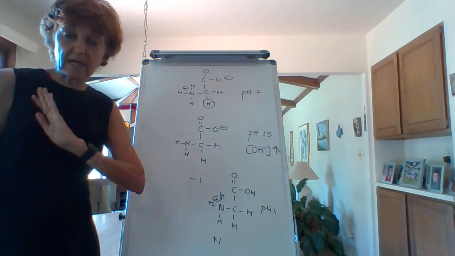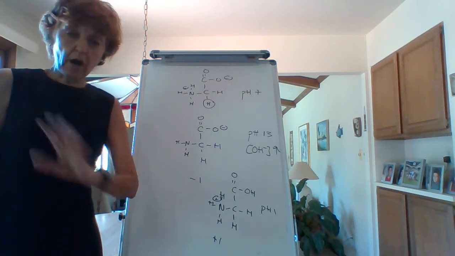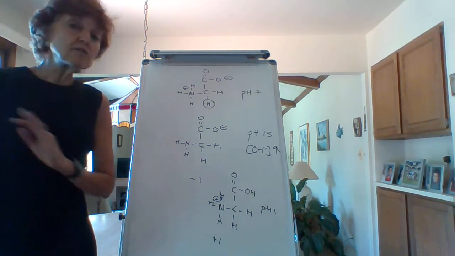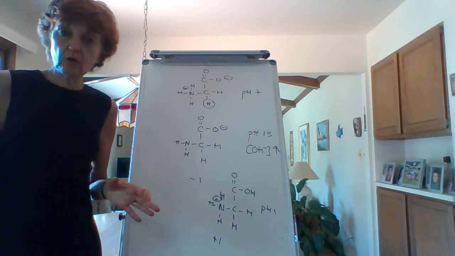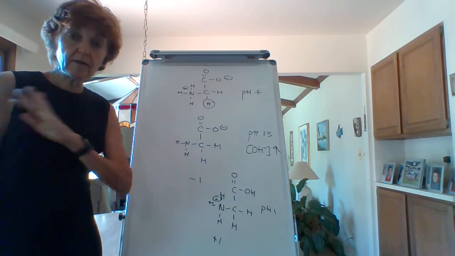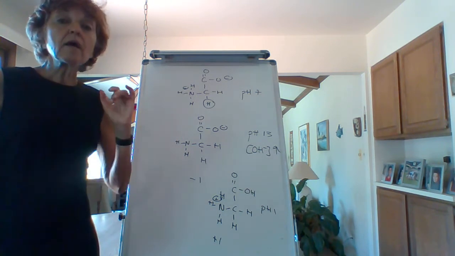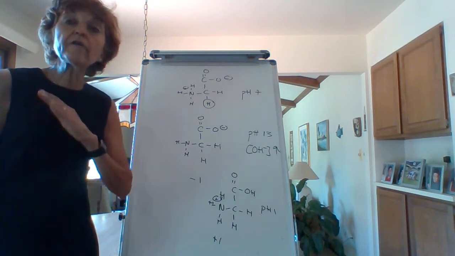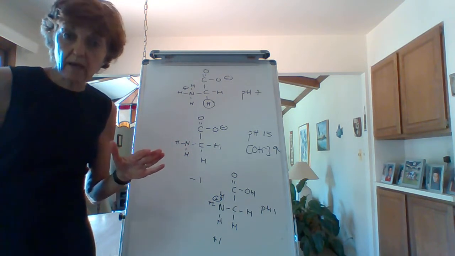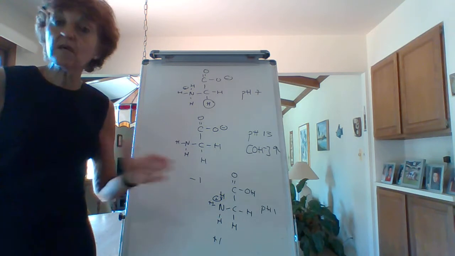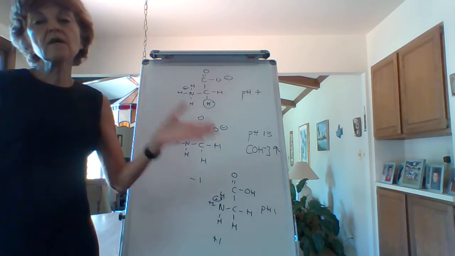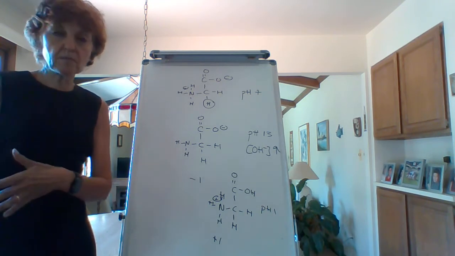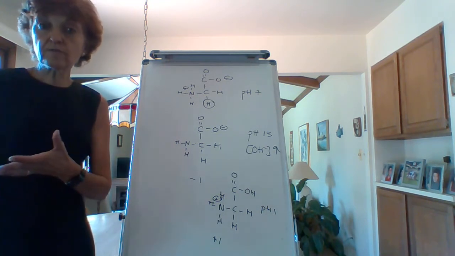All amino acids at a very low pH are going to get protonated. So any carboxylate ion stops being a carboxylate ion at a low pH. It picks up a proton, has no charge. At a very high pH, all amino acids, all the ammonium ions, stop being ammonium ions and they become aminos again. It's just plain old simple amine without a charge. All right?